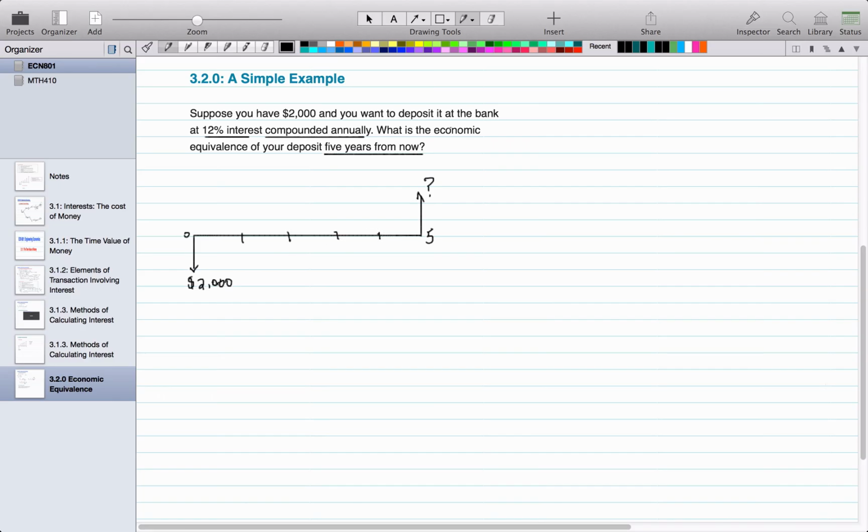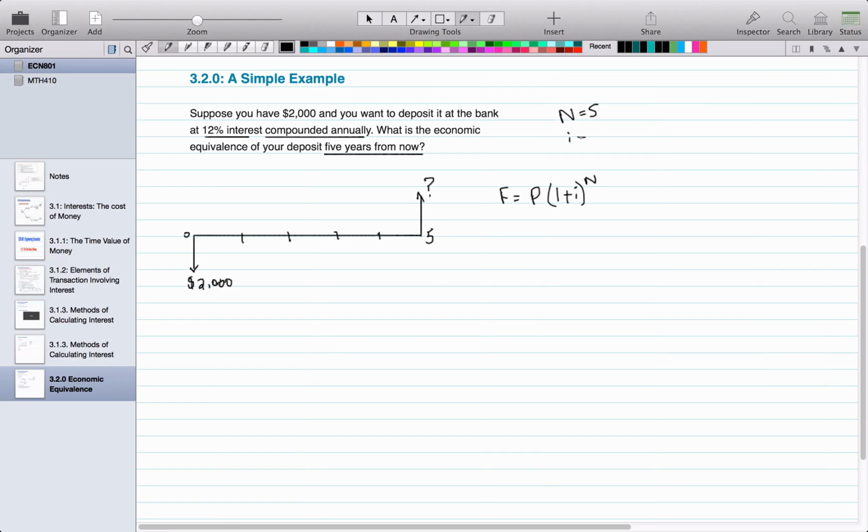5 years, right? Well, we can just use our compound interest formula. We're trying to find the future value at 5. We don't need to write the year 5. F is equal to present value times 1 plus I to the power of number of periods. The number of periods is 5, so N is equal to 5.